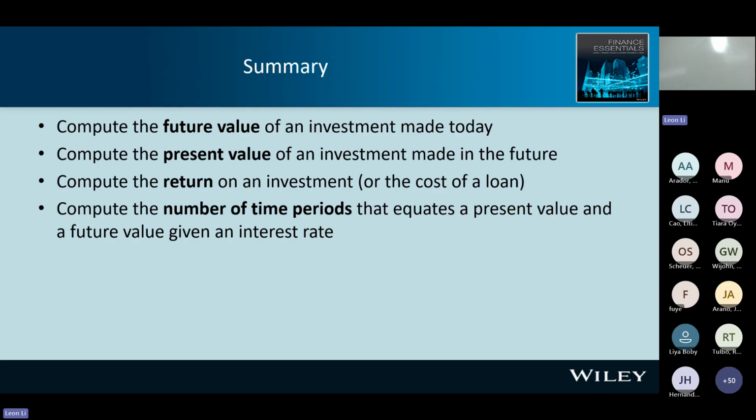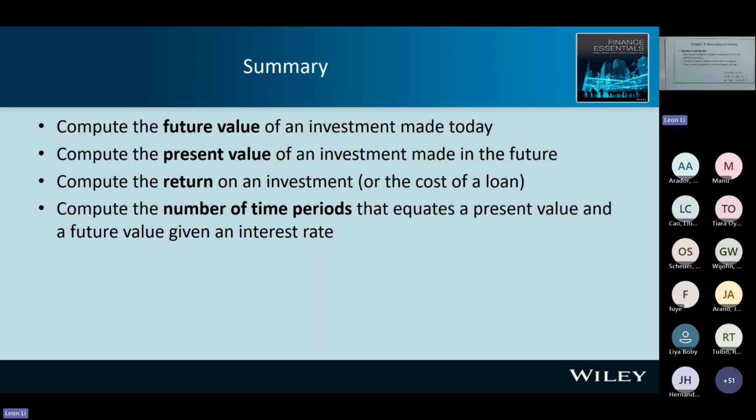Okay, we finished the chapter. You can see in this chapter, we showed you how to compute future value, present value, return, and the number of periods, right? The idea will be the same. So let me review the final topic for you. Number of periods.